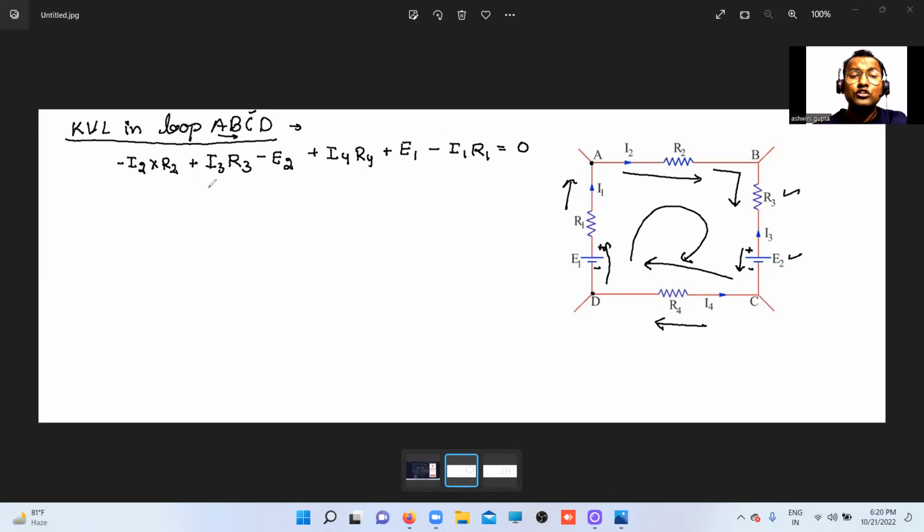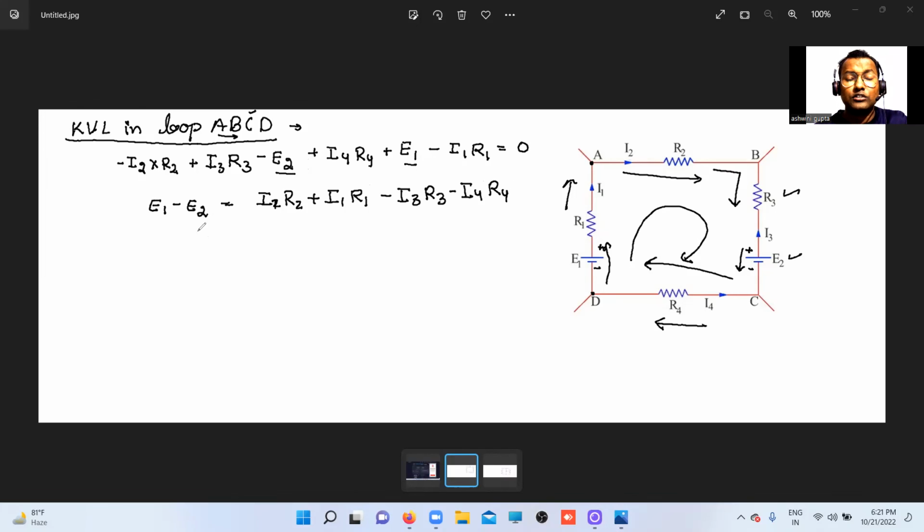Okay. So if we want to solve, we can write simply E1 minus E2 is equal to I2 R2 plus I1 R1 minus I3 R3 minus I4 R4.